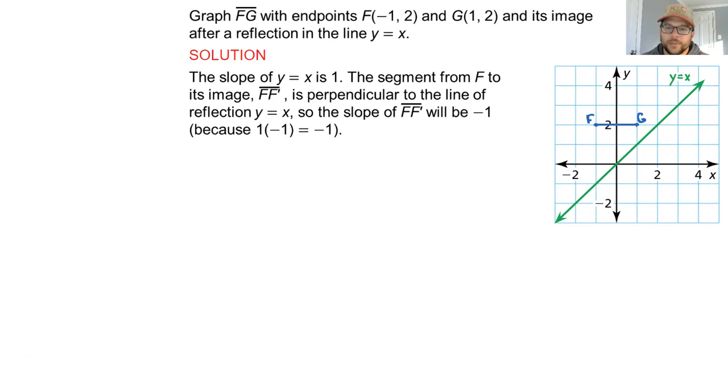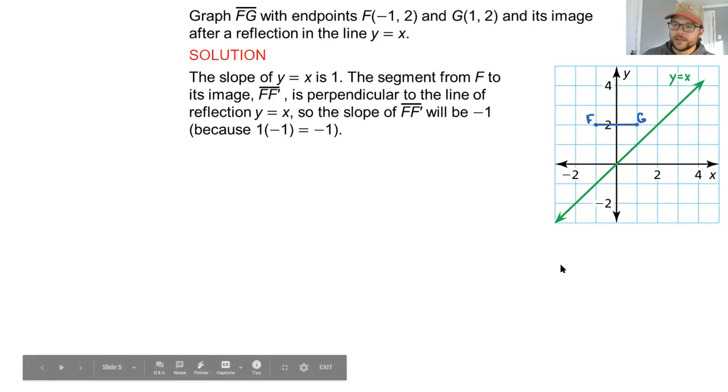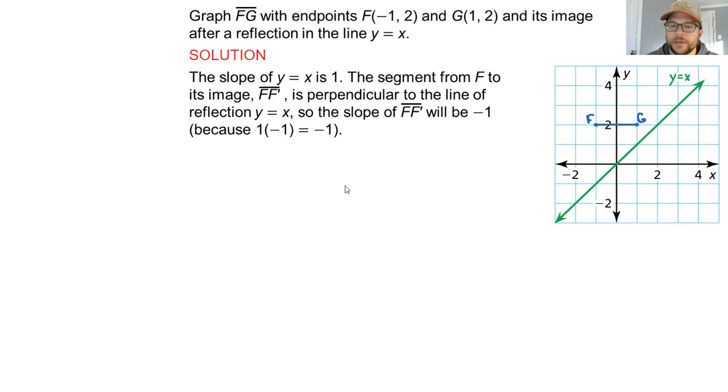Since the segment from F to its image needs to be perpendicular to that line, we're going to need to find the perpendicular slope of y equals 1x. Remember, the perpendicular slope is the opposite reciprocal. So 1 over 1, the opposite reciprocal is -1.